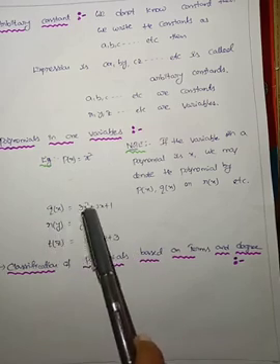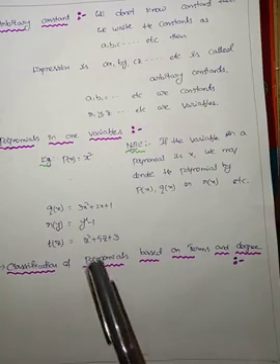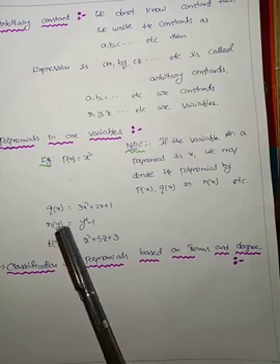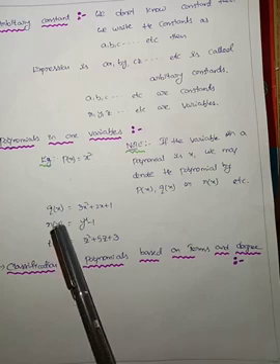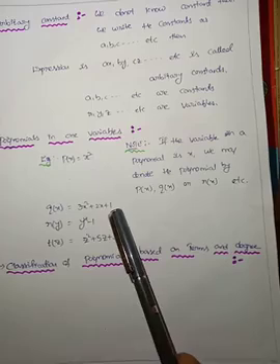q of x is equal to 3x square plus 2x plus 1. Here the polynomial is y power 4 minus 1. Here the variable is y. Then I am writing like this, r of y. This r of y means this polynomial has a variable, that is y.